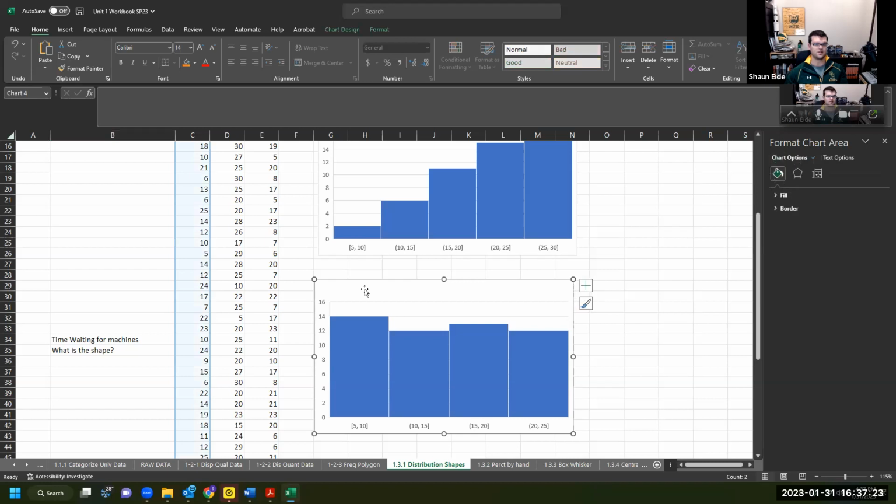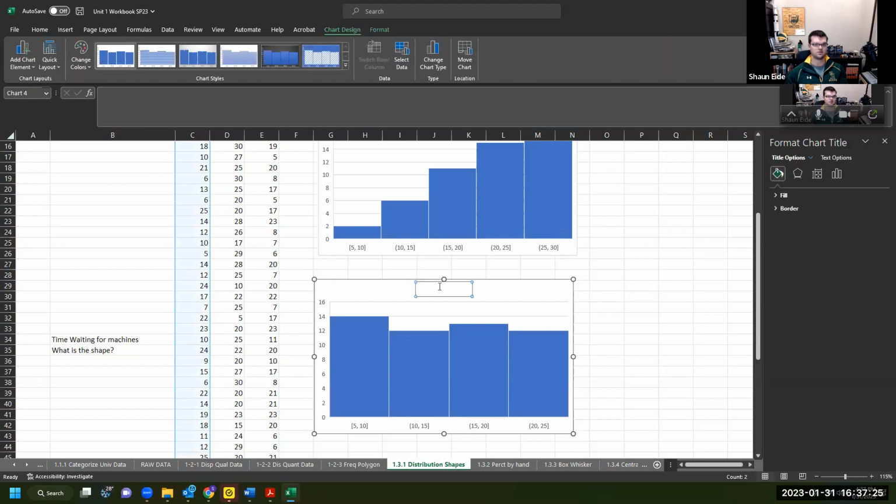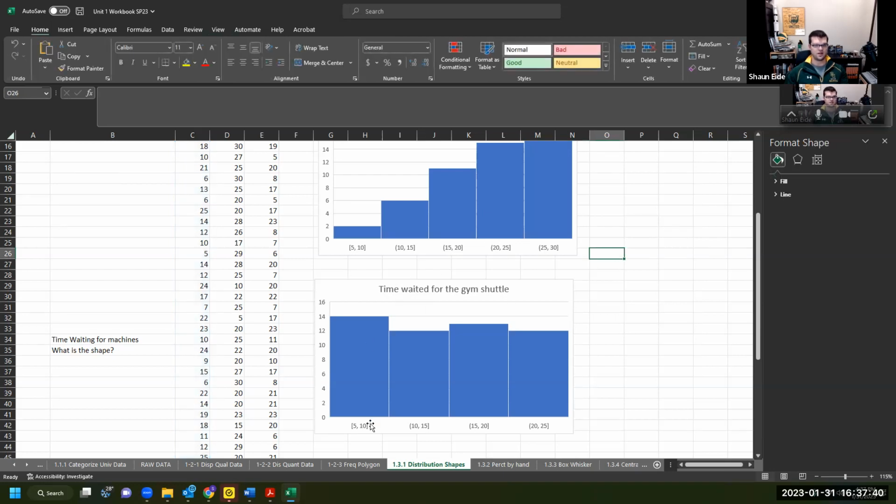This right here is time weighted for the gym shuttle. So I'm going to put time weighted for the gym shuttle right here. I don't know why it's not in there, but time weighted for the gym shuttle. And notice it goes from 5 to 25, and every single one is about the same.